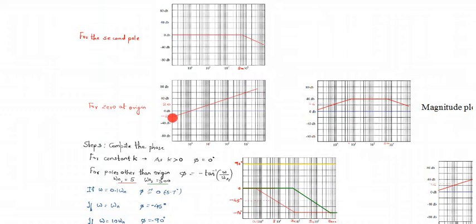This is the characteristic of 0 at origin. It crosses 0 exactly at 1. At 10 it reaches 20, at 100 it reaches 40, at 1000 it reaches 60 dB, and so on.